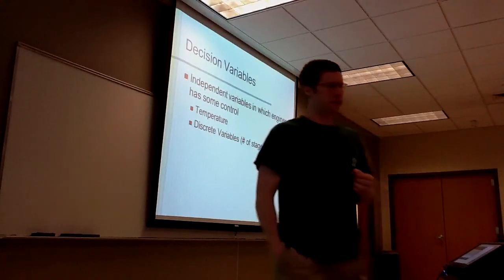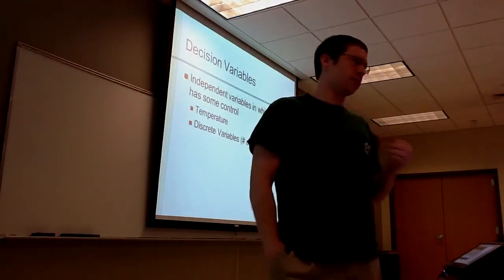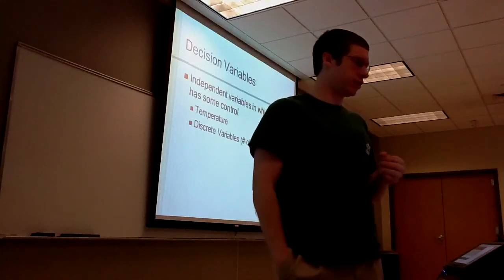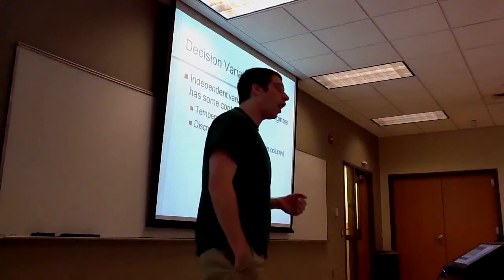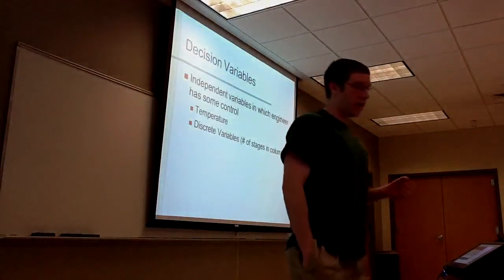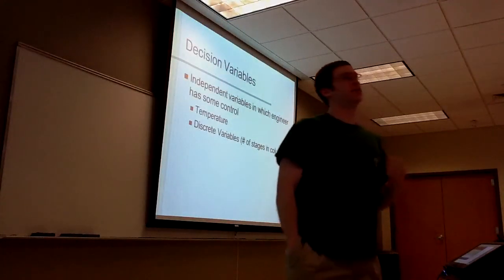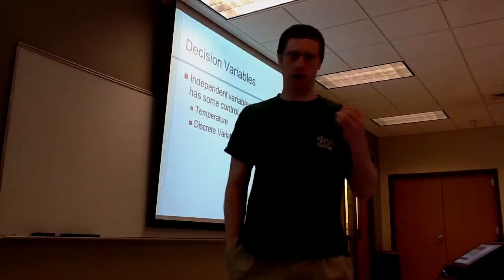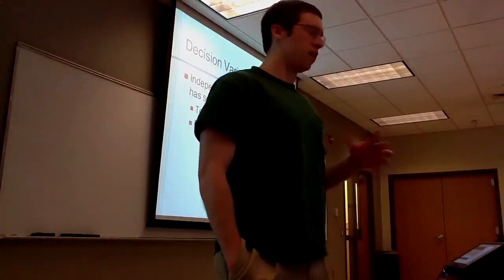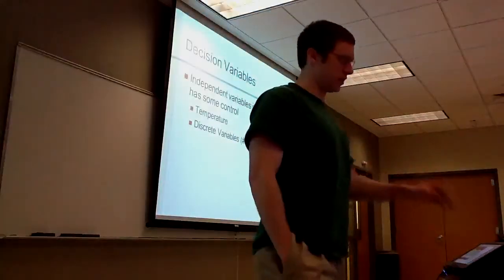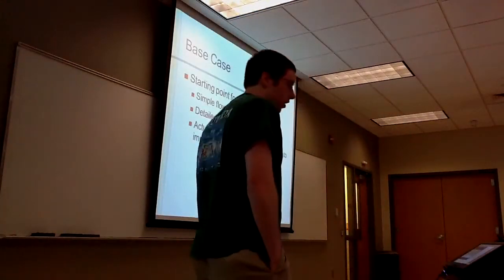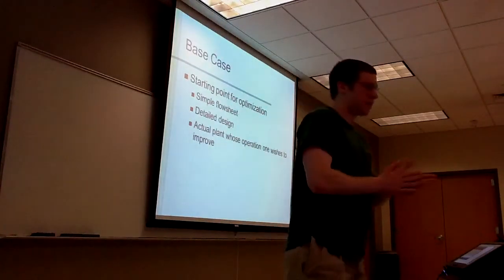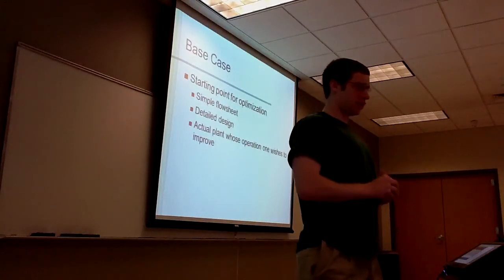The decision variable is the independent variable to which the engineer has some control, such as the temperature, or discrete variables such as the number of stages in a column. These are things that you, as an engineer, can control and manipulate to make the system more ideal or optimize it.